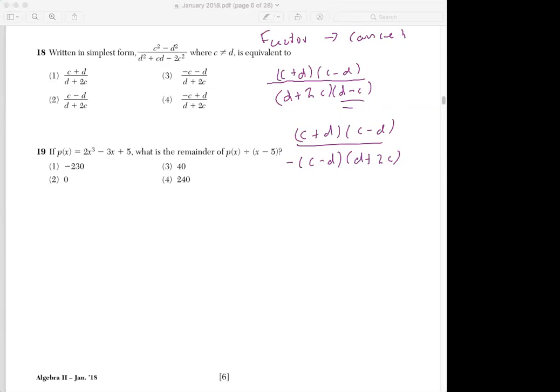Now we can cancel those, and we're left with C plus D over negative D plus 2C. Let's distribute this negative through. So we have negative C minus D over D plus 2C. That was tough, but the answer is 3.